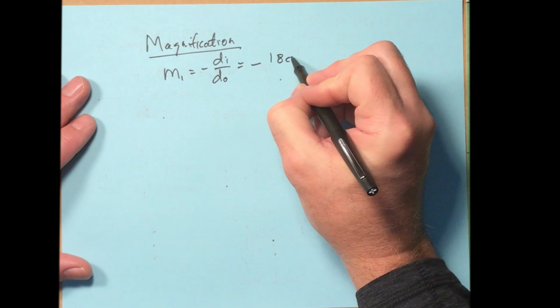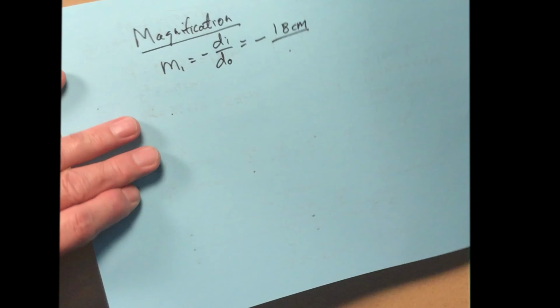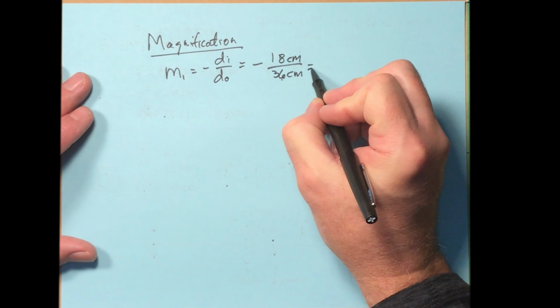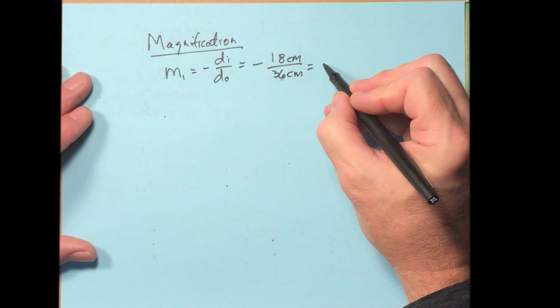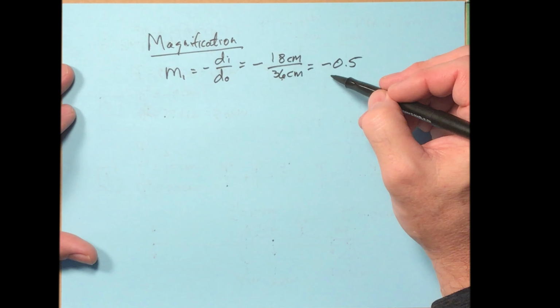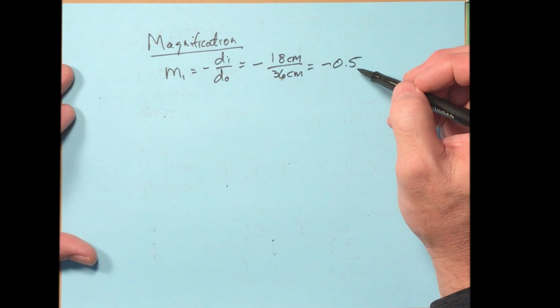So 18 centimeters divided by do, and the distance to the object was 36 centimeters. So that's a half. So it's going to be minus 0.5. Okay, the negative indicates that it's inverted and it is reduced. It's reduced by half its size.